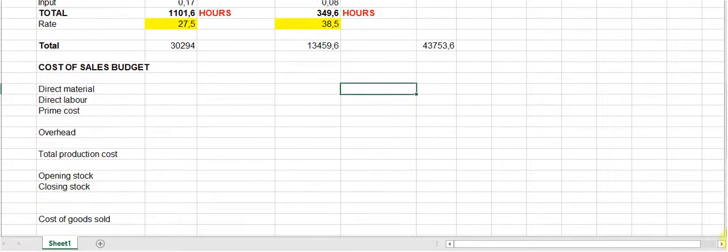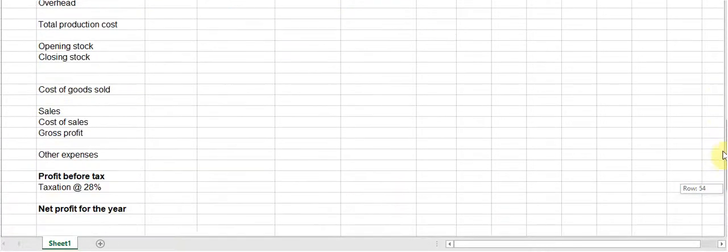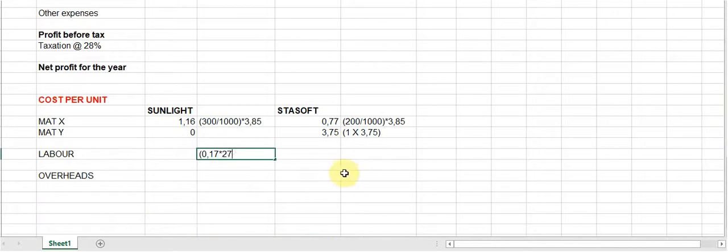In this instance, for labor, it is 10 minutes for Sunlight. So it's going to be 10 out of 60, and I remember we had to round that to 0.17. And we need to times that by the new rate, which is 27.50.